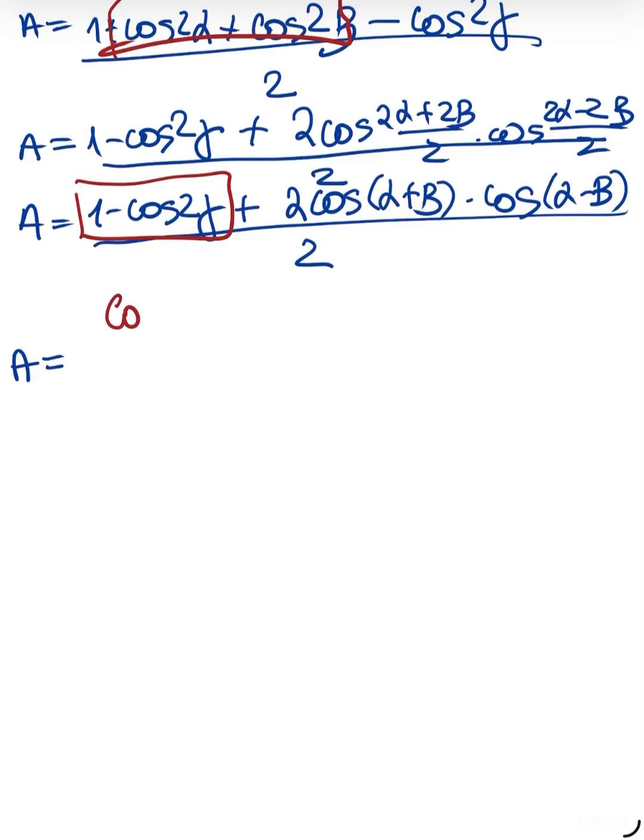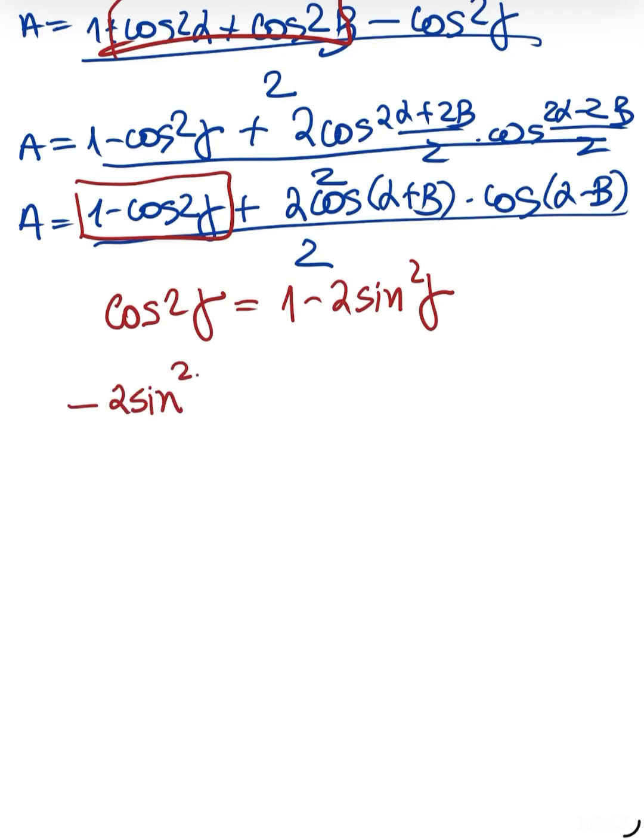We know that cosine 2 gamma is equal to 1 minus 2 times sine square gamma. And if we solve for sine, we will obtain minus 2 times sine square gamma is equal to cosine 2 times gamma minus 1.